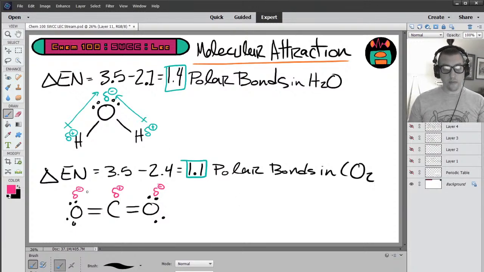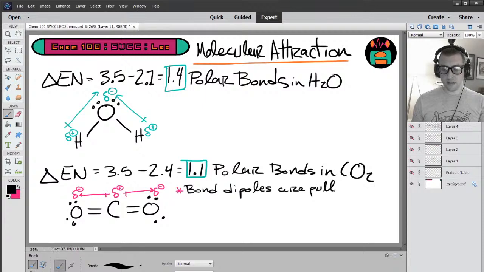When you look at carbon dioxide, however, positive end is the tail, negative end is the arrowhead. You'll notice here that the bond dipoles are pulling in opposite directions.